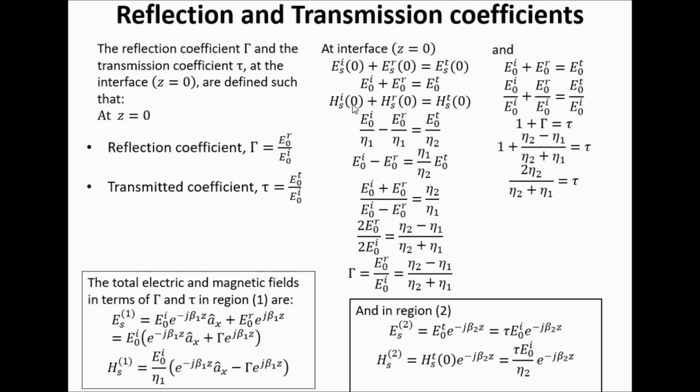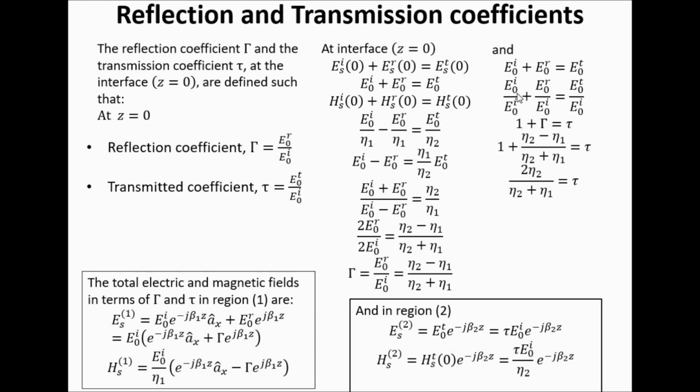Now H0 is basically E0 over eta 1, so H0R will be E0R over eta 1 and H0T will be E0T over eta 2. Now if you multiply the entire equation with eta 1, we'll get E0I minus E0R equal to eta 1 over eta 2 times E0T.